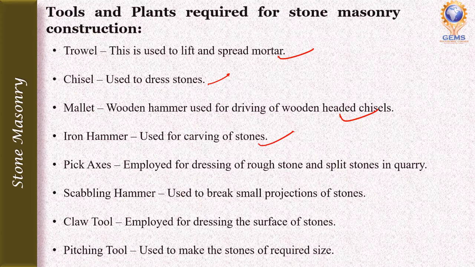Pickaxes are employed for dressing of rough stone and splitting stones in quarry. Scrambling hammer is used to break small projections of the stone. Claw tool is employed for dressing the surface of stones. Pitching tool is used to make the stones of required size.